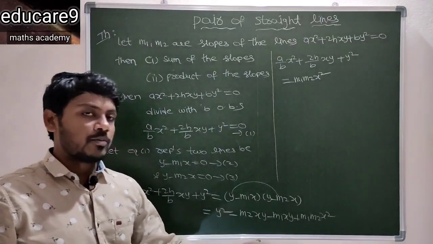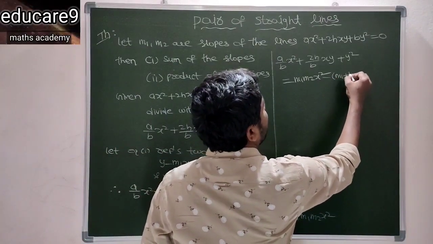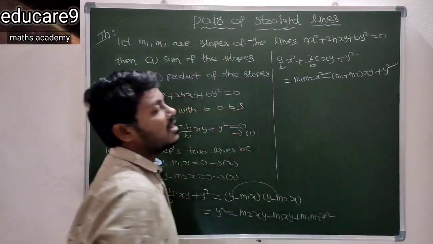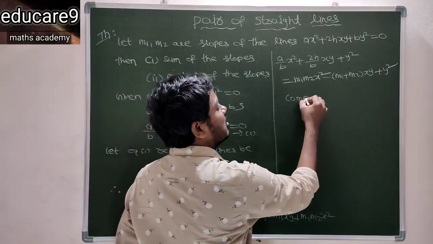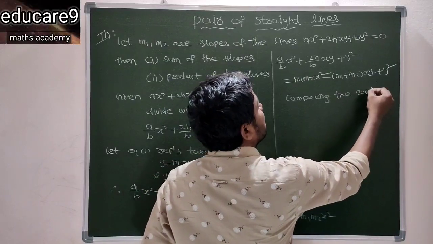See here, in both terms minus xy is common. That is minus of m1 plus m2 of xy plus y square. Now comparing the coefficients on both sides.